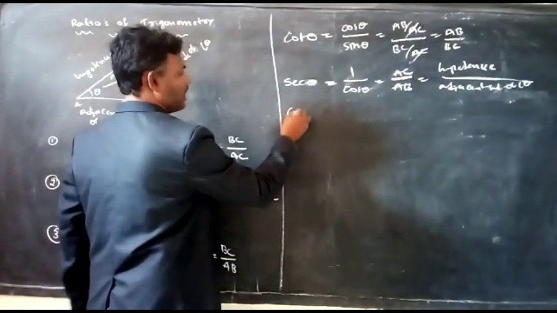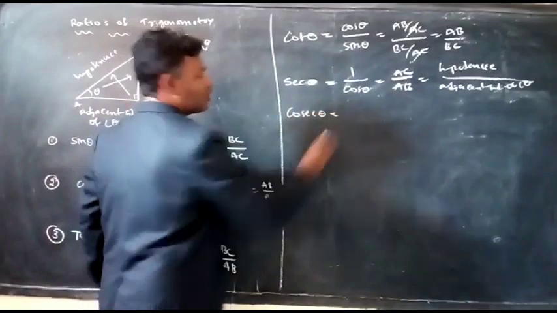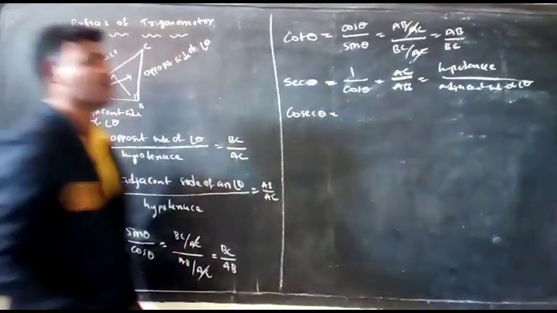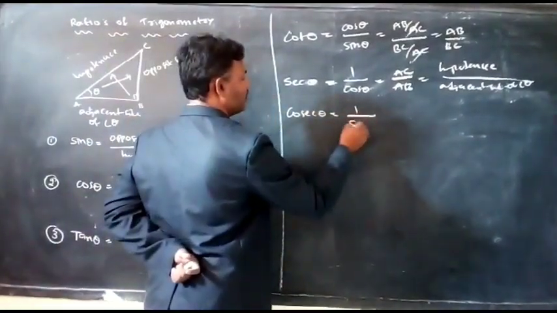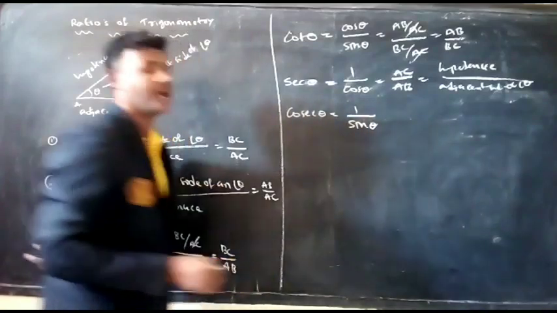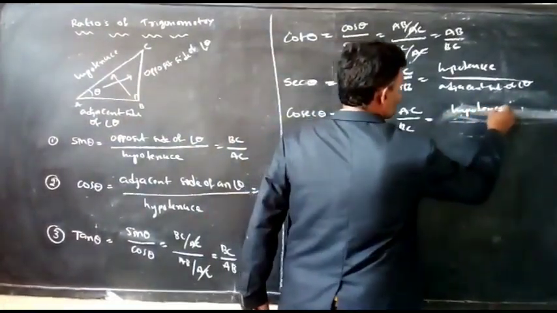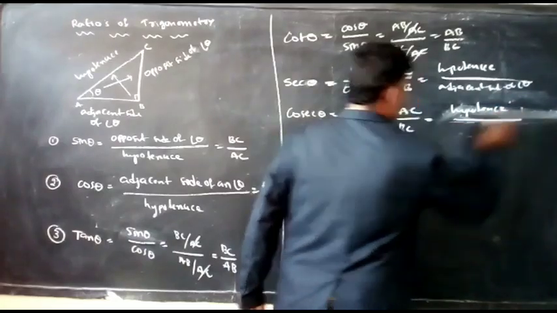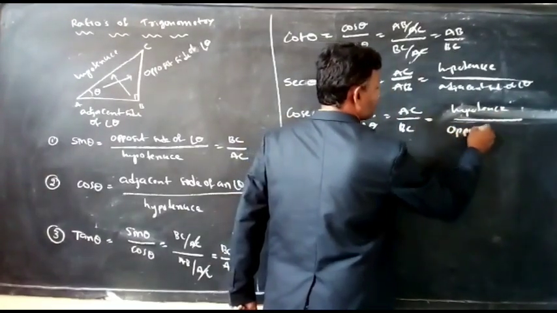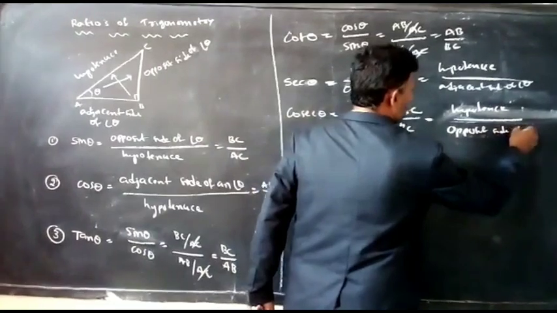Next, cosecant theta. Cosecant theta is a reciprocal of sin theta. So cosecant theta we can write as 1 by sin theta. So it is hypotenuse by opposite side of an angle theta.